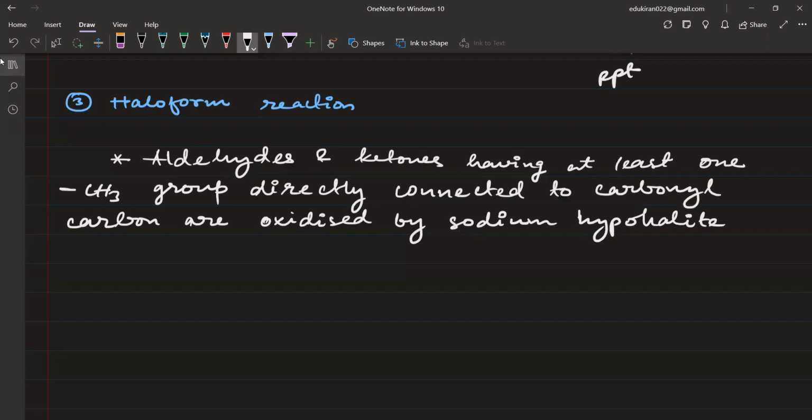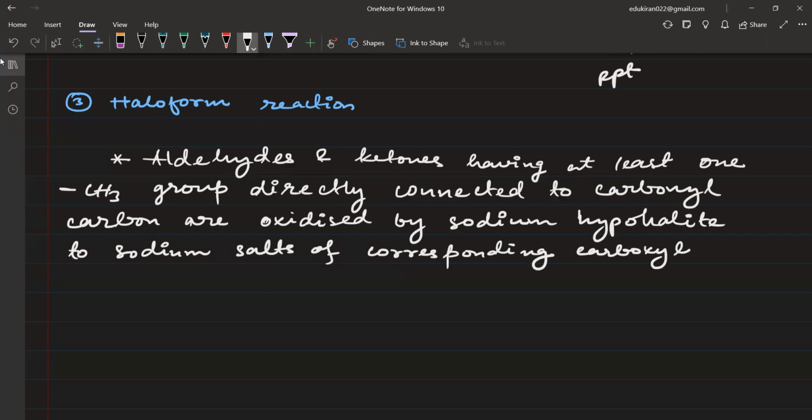Hypohalite can be hypochlorite, hypoiodite, and so on. They are oxidized to sodium salts of the corresponding carboxylic acid with one less carbon. ठीक है, तो aldehyde ketone से एक carbon less हो जाएगा haloform में.